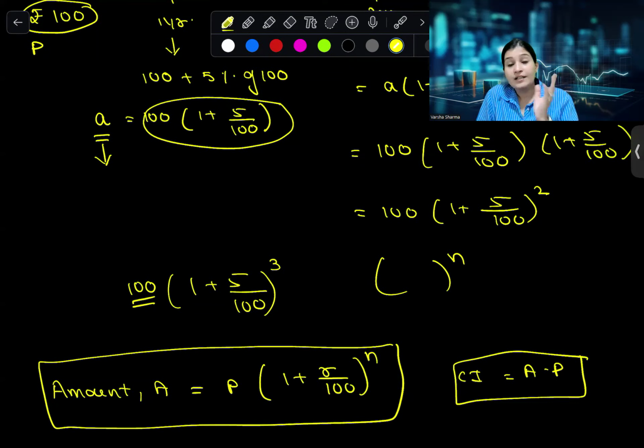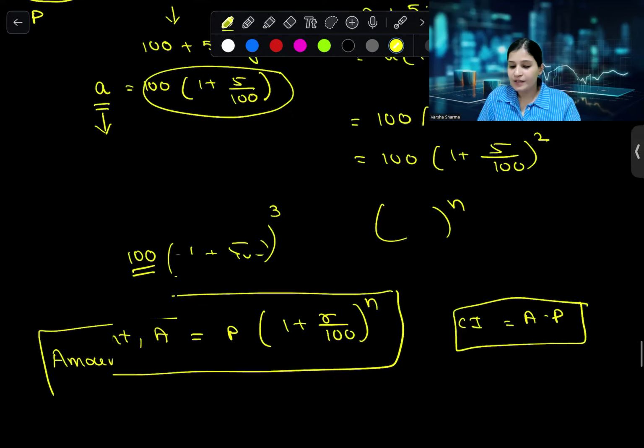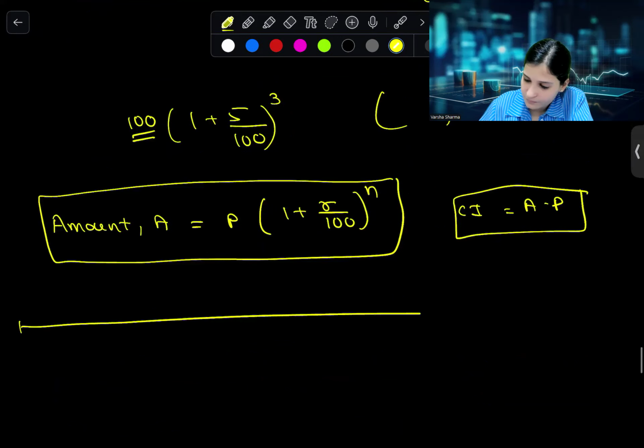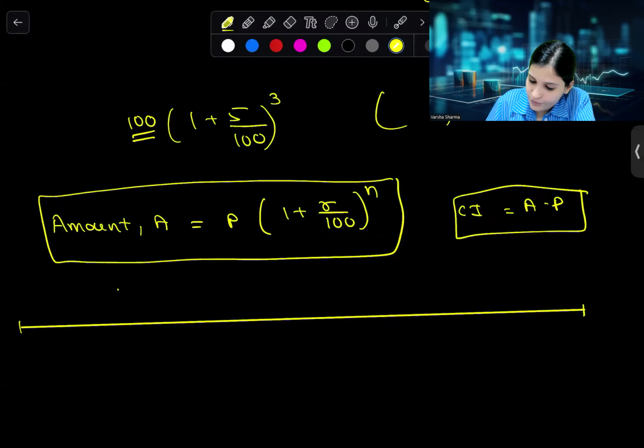Now this is annually. For example, if the rate would have been 12% and I'm investing 1100 rupees, so for the first year, what will be the value?